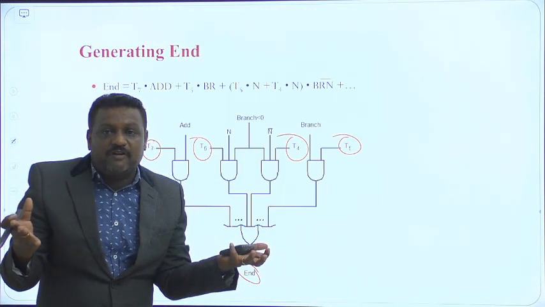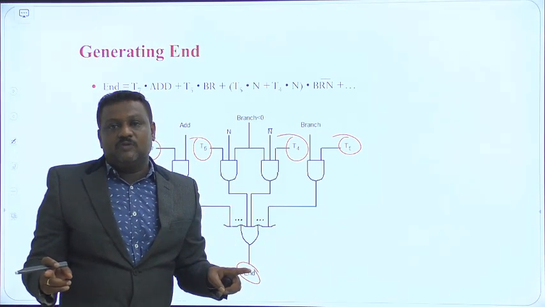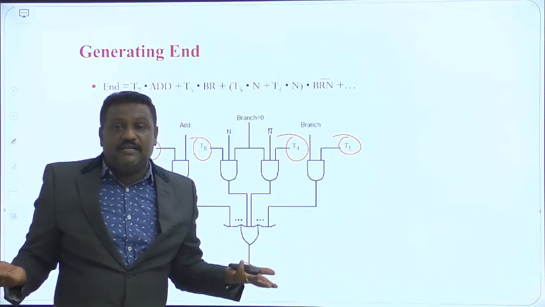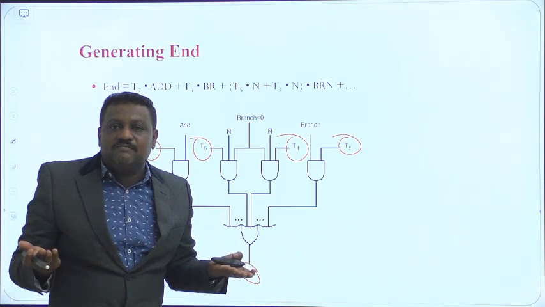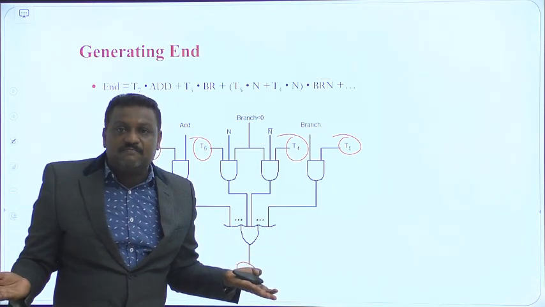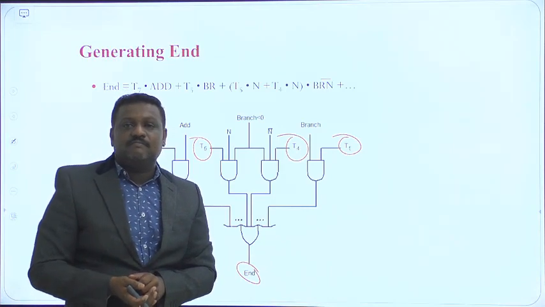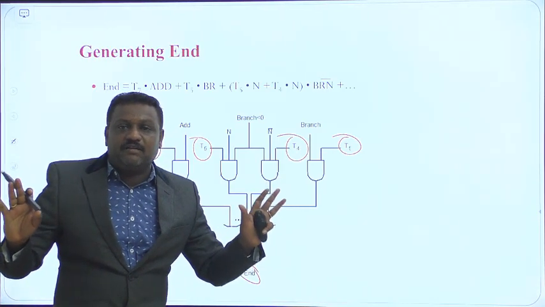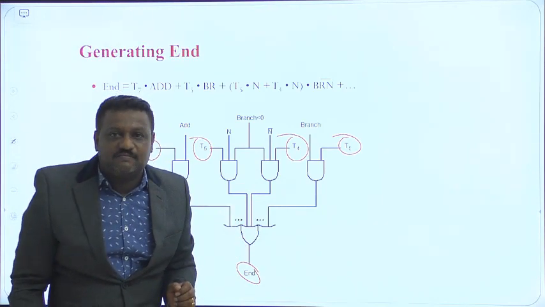It is not possible for me once I have designed a control unit. Once I design a control unit, I have not altered it. I didn't add any additional circuit internal to it for generation of new control signals, so the flexibility is less. If the control signals are not generated, it is not possible for me to add a new instruction to my instruction set.